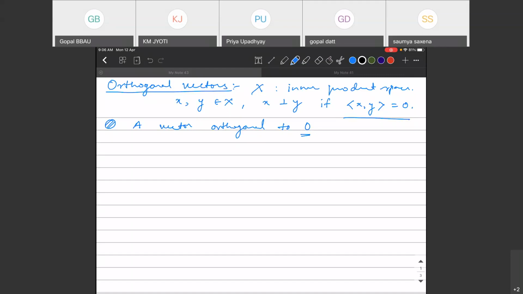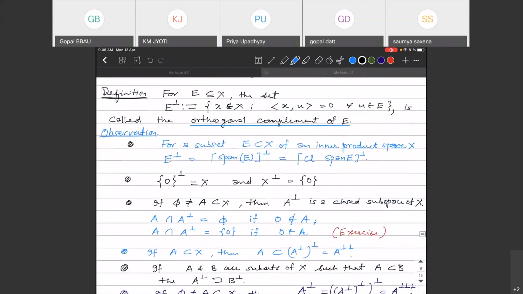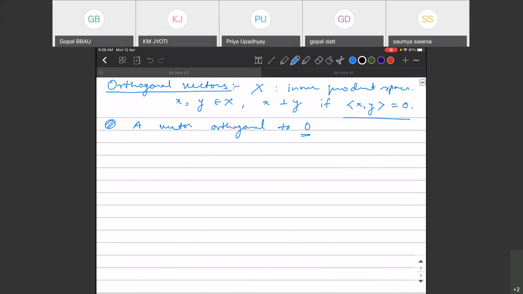Sir, the inner product of 0 with x is 0 for all x in X. Every element is orthogonal to 0. So all vectors x in X, including 0, are orthogonal to 0.